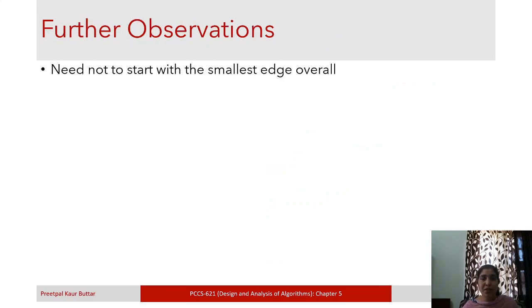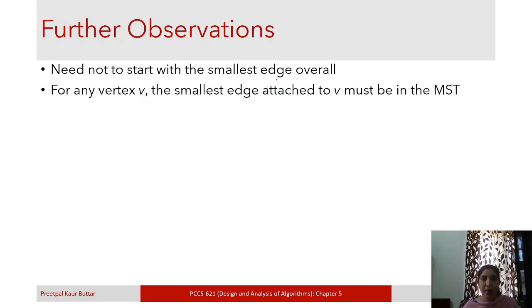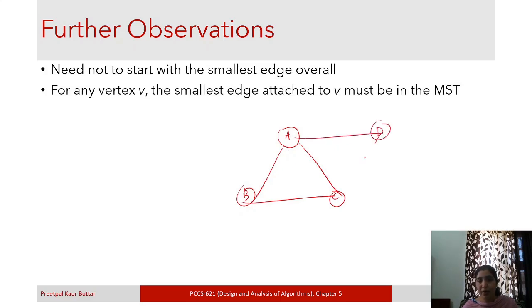And further observations are that we need not start with the smallest edge overall, okay? Every time we do not need to look for the smallest edge to start the algorithm. For any vertex V, the smallest edge attached to V must be in the spanning tree, right? So if we have a number of vertices, A, B, C, they have a number of edges. D is also there.